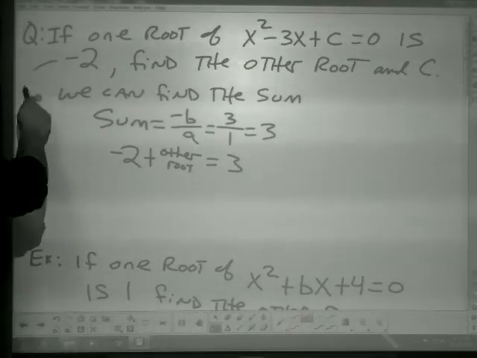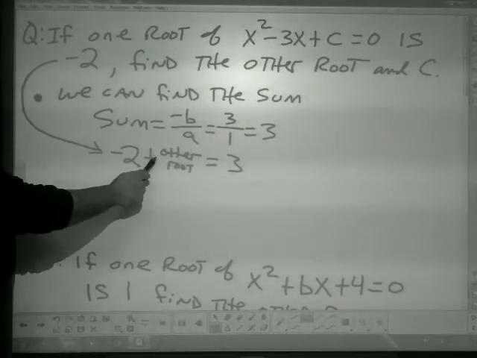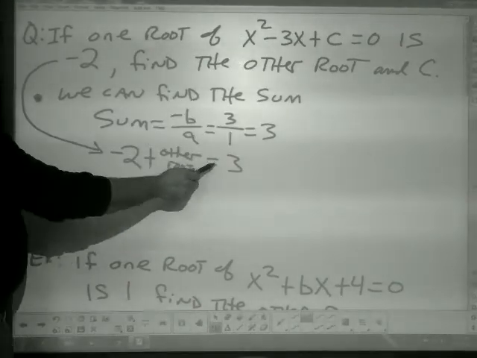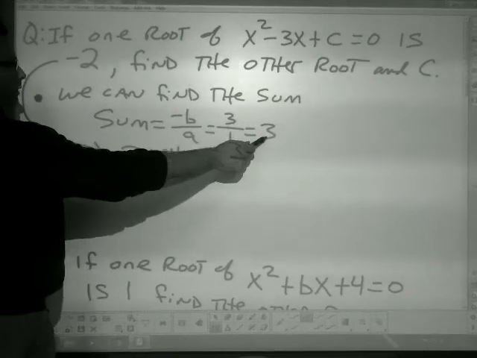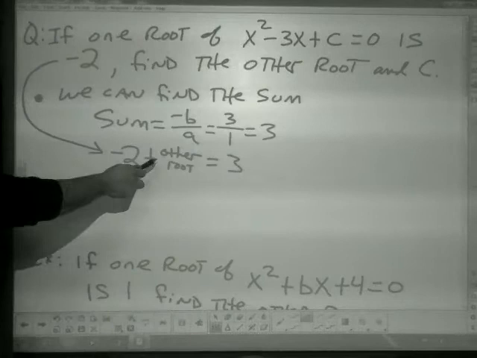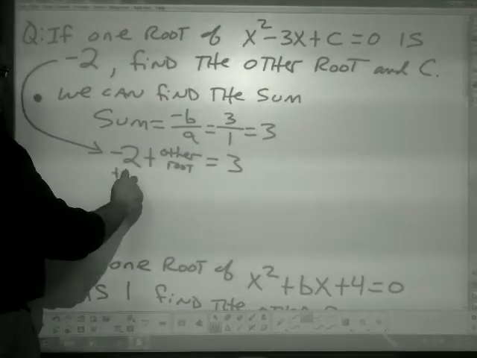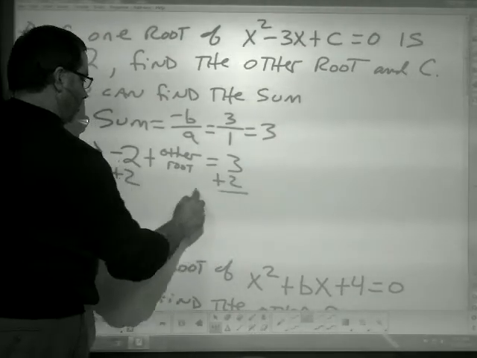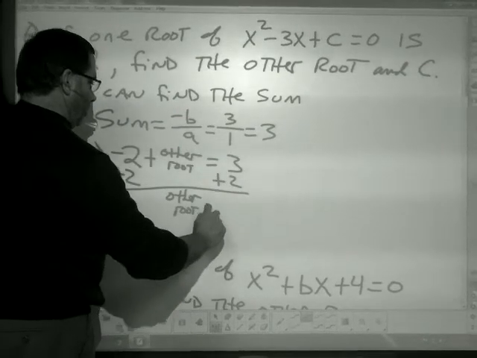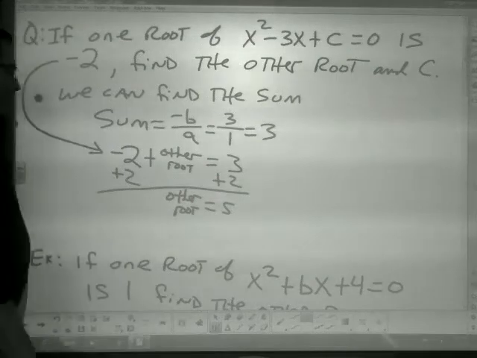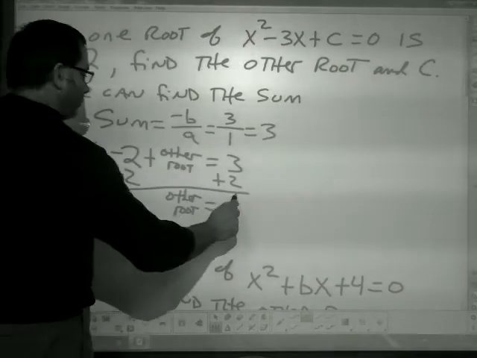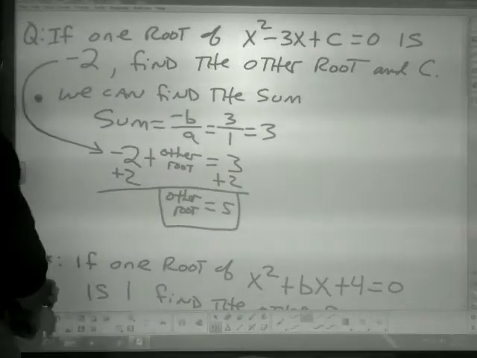So the root that they give me plus the other root that I'm trying to find, that sum better be 3, because I know the sum is opposite b. Well, -2 plus what? I don't know, let's bring the 2 over. So add 2 to both sides. So the other root is 5. Now I know what the other root is, so that's part of my solution.